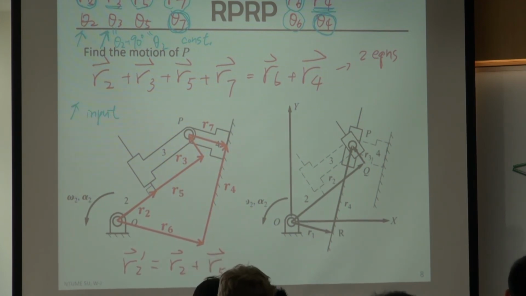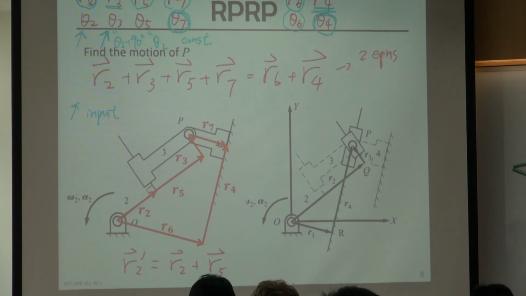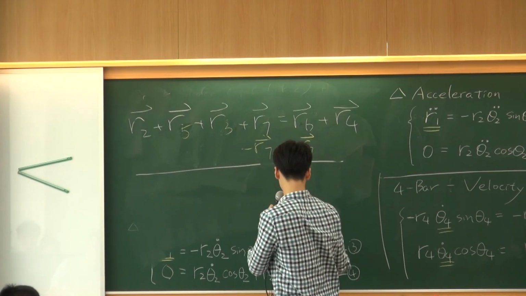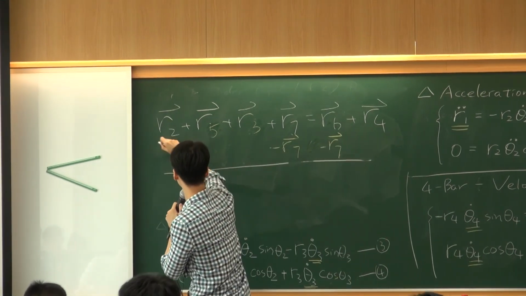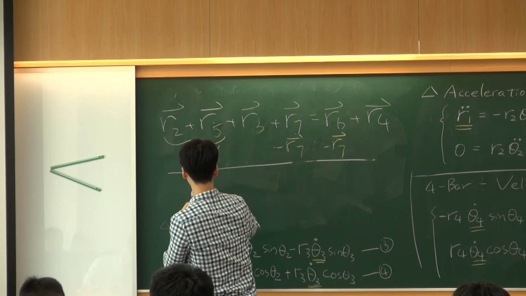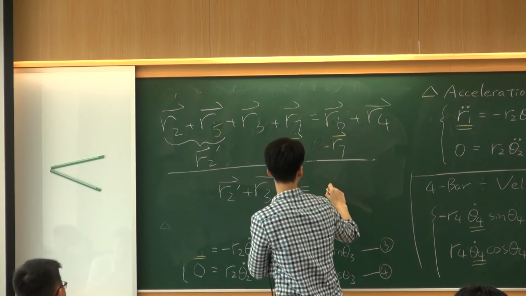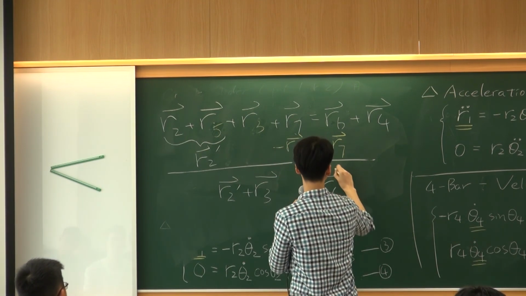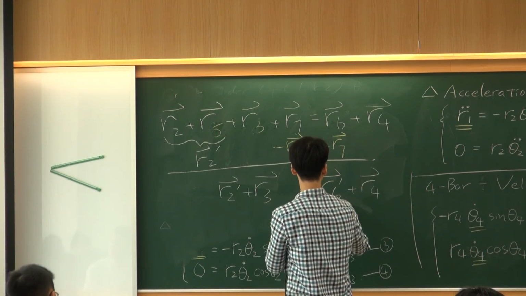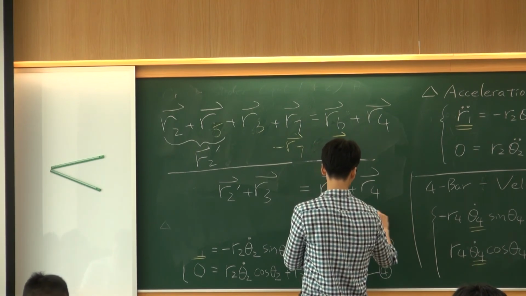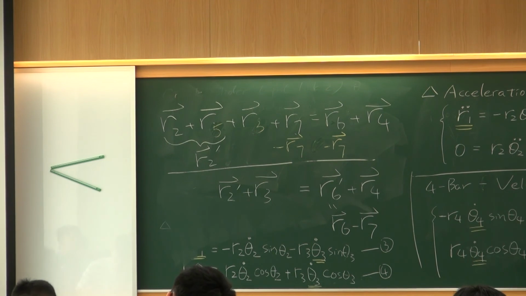Use another color. So I subtract R7 on both sides for these equations, and also combine R2 and R5 together as R2 prime.